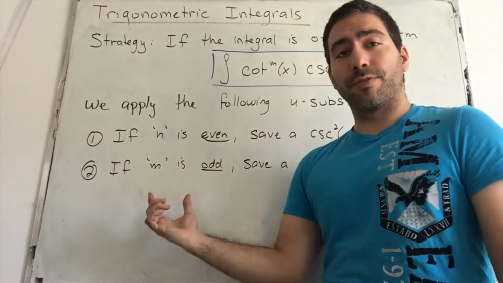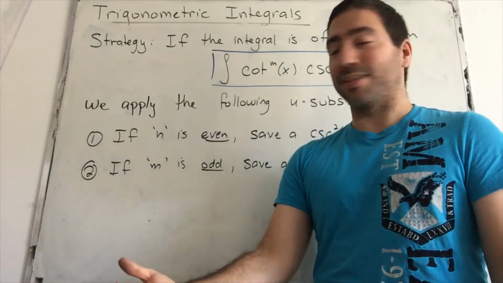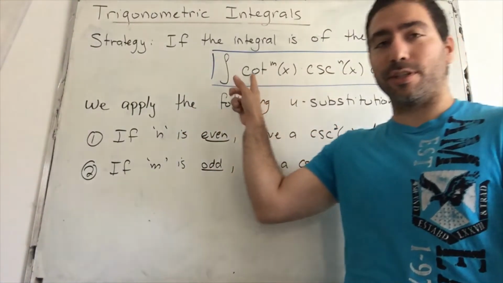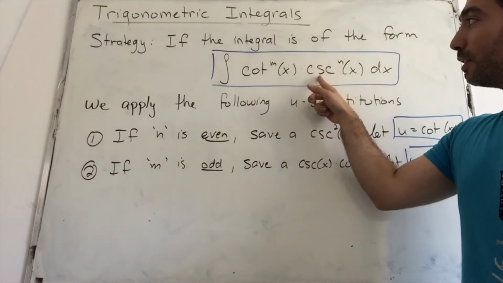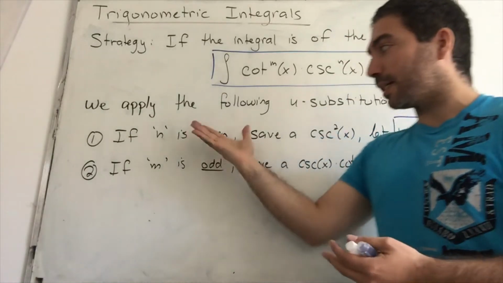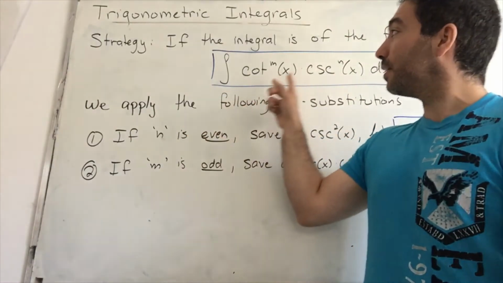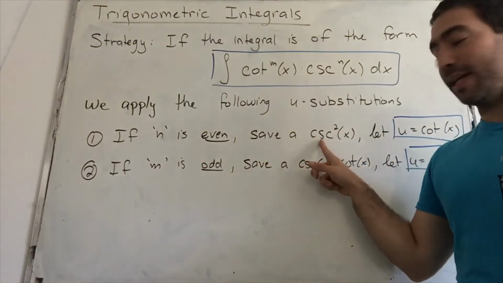Okay. If this looks familiar, well, it is. This is the exact same strategy that we saw earlier in the video. We're just switching the word tangent with cotangent, and switching the word cosecant for secant. And it's identical. Notice that when we had secant, if the exponent of the secant was even, we took out a secant squared.